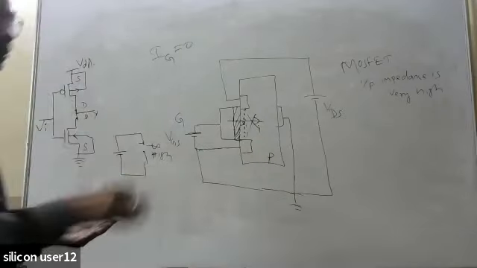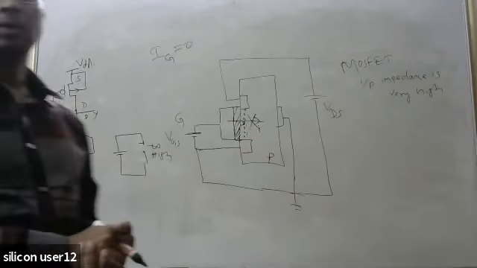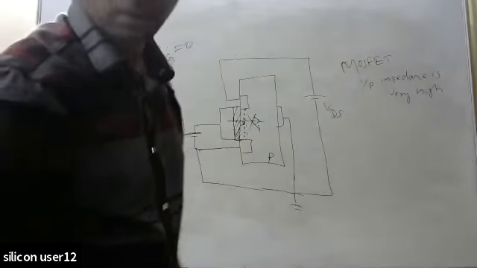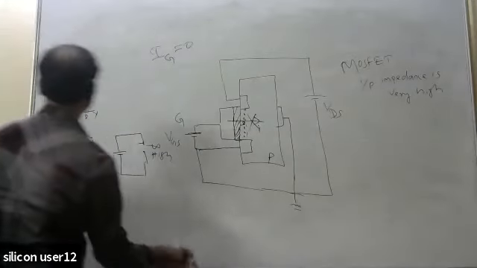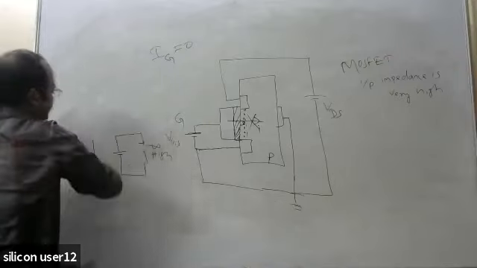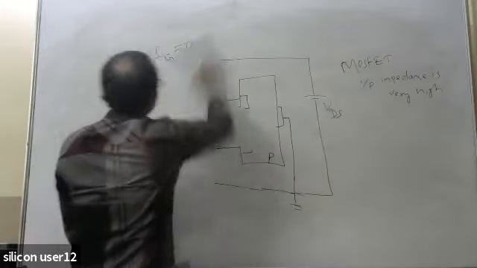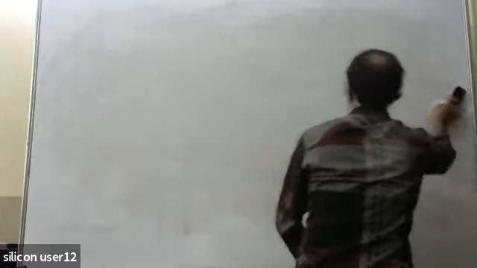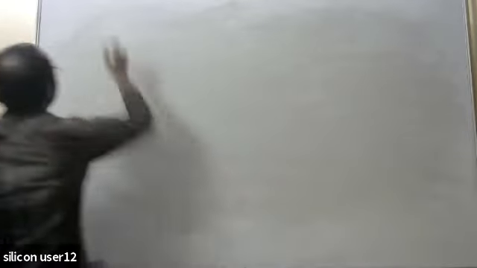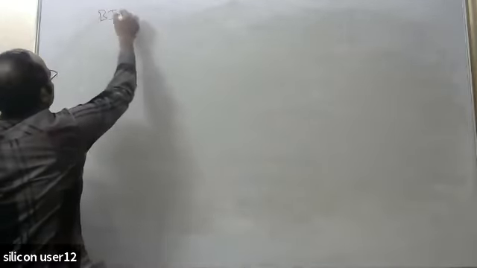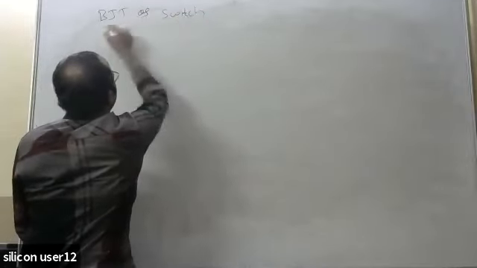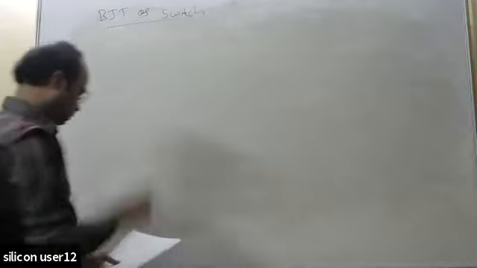Similarly, the BJT can also act like this, so that circuit we will analyze. BJT as a switch.